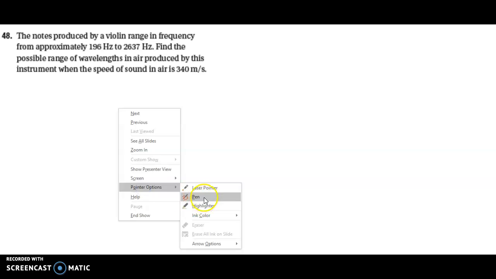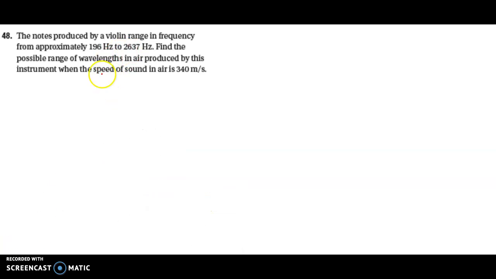For example, when we say this is the range of the frequency for the violin, this means that we can express it as such. F of the violin is greater or equal to 196 Hertz and less or equal to 2637 Hertz.